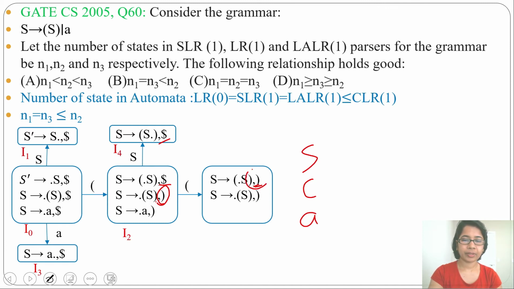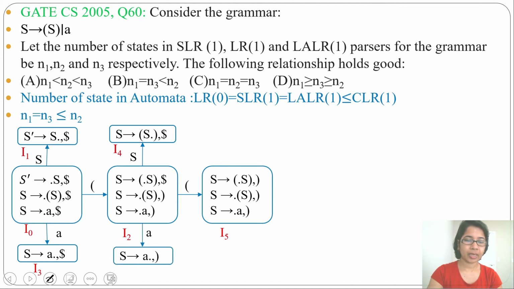As first of these two will be end bracket, then S derive dot A, look ahead will be end bracket. And we'll assign one state name I5. Next from I2 by A, it will go to another state where the LR1 item will be S derive A dot and look ahead will be end bracket. And we'll assign one state name I6.